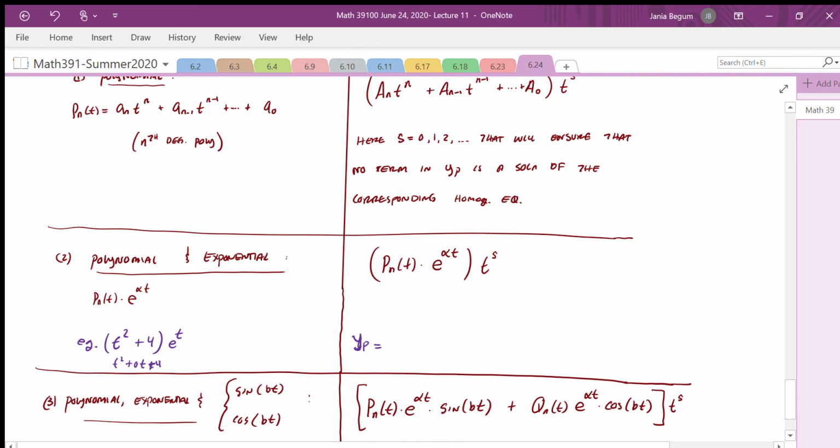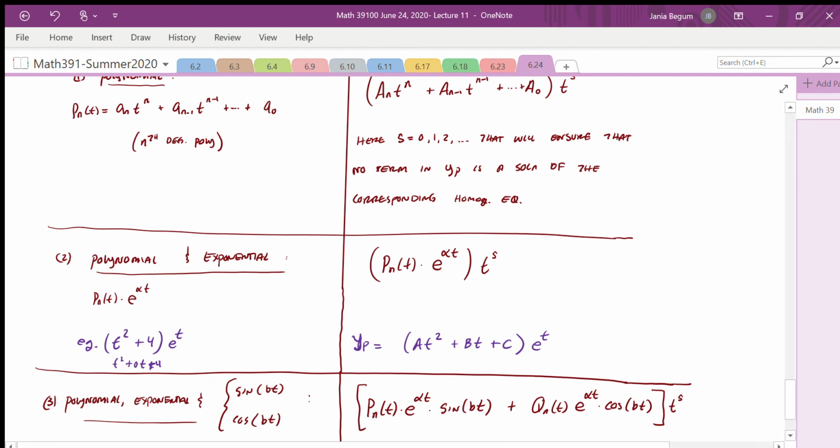So if I were to write it in general form, we have a second degree polynomial, so that's a t squared plus bt plus c. So you always want to write it in general form. That's a second degree polynomial. So I need a second degree polynomial. Got it. What else do I need? E to the t. So I need the second degree polynomial times e to the t. So that will be my form for yp, my guess.